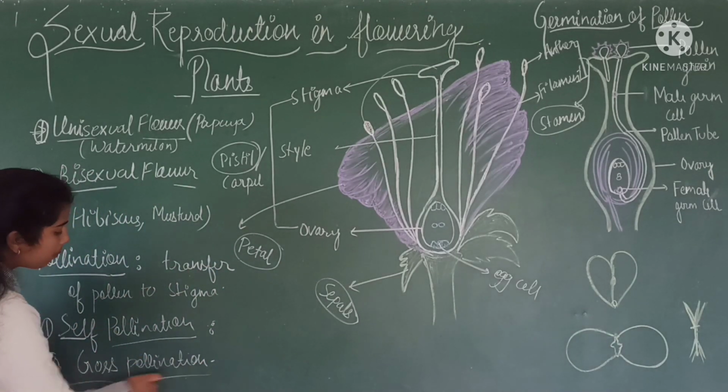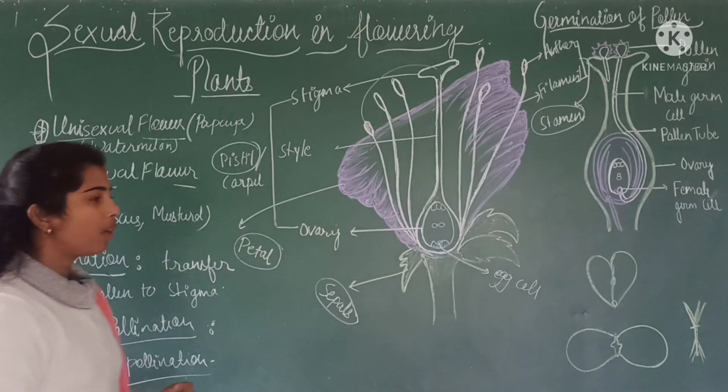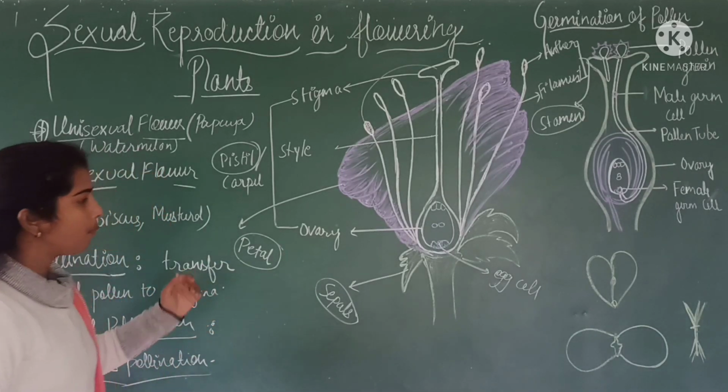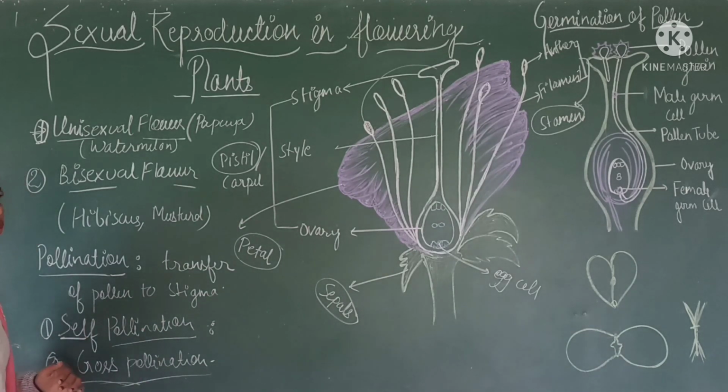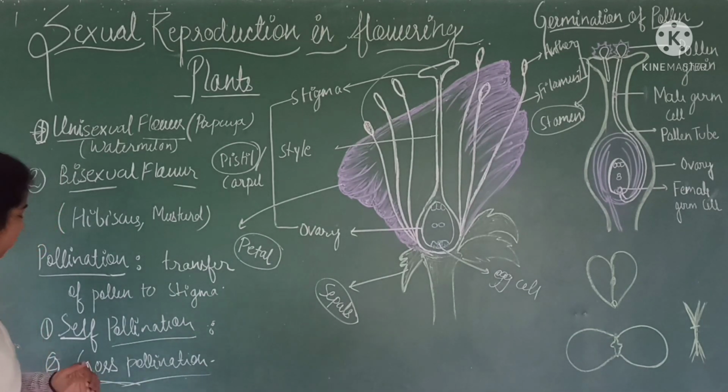And when the pollen is transferred from one flower to another flower, then that pollination is known as cross-pollination. Self and cross-pollination, there are two types of pollination.